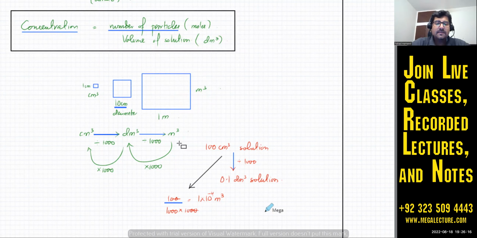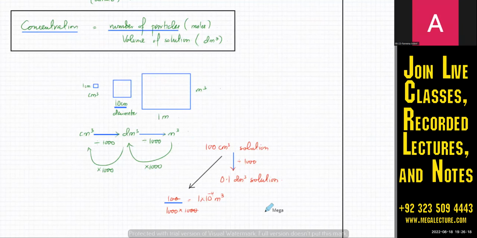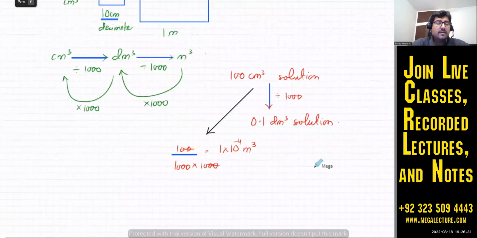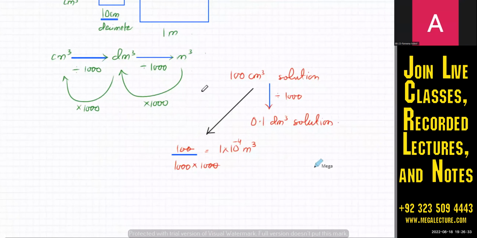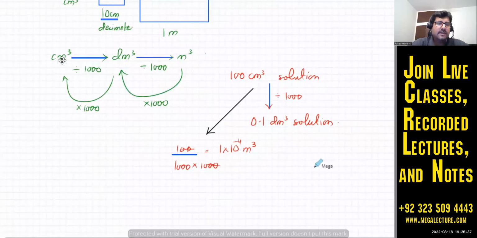And I explained, yes. To convert centimeter cube to meter cube, we divide by 1000 two times. Look, this is centimeter cube. You have to go to decimeter cube first and then go to meter cube.